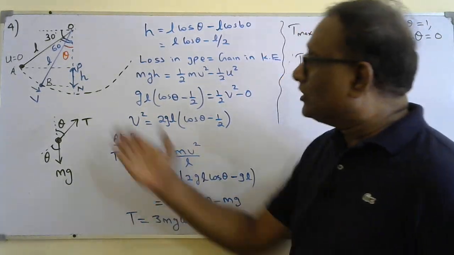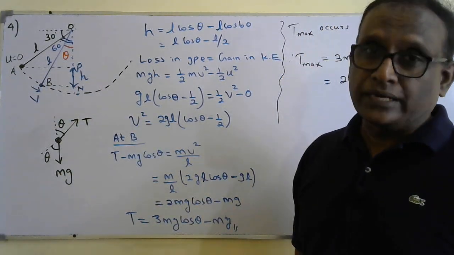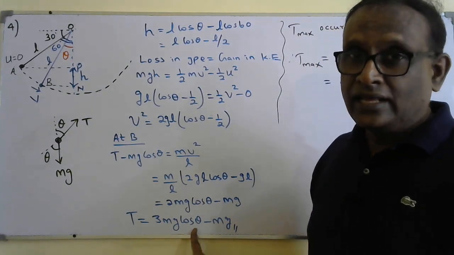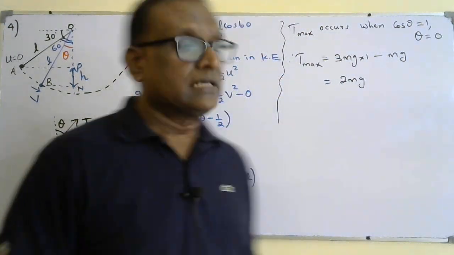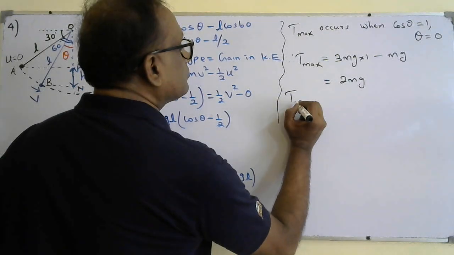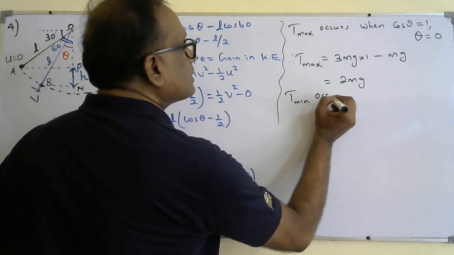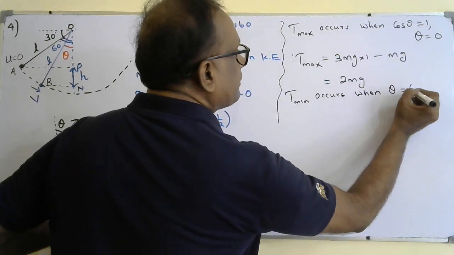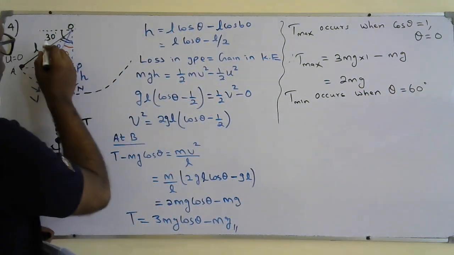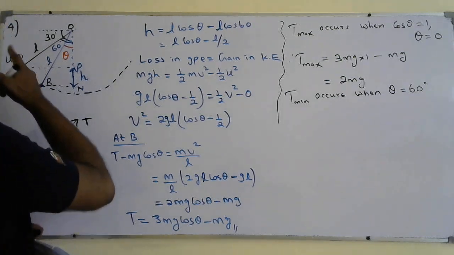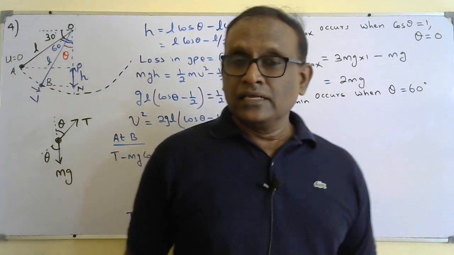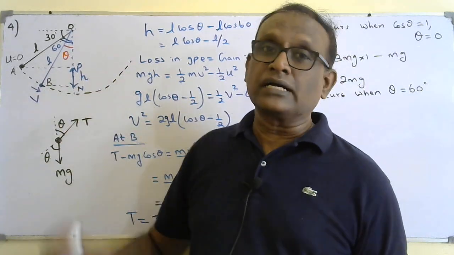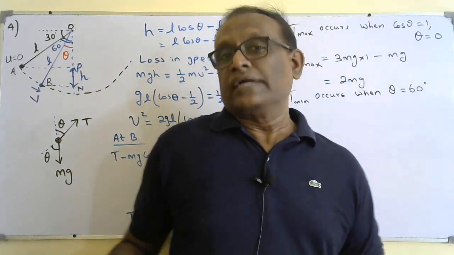That's the value we got initially in the first part. So T minimum occurs when theta is 60 degrees, which we already found in the first part. So T minimum occurs when theta equals 60 because it was released from 60 degrees to the vertical, or 30 degrees to the horizontal. It can't go beyond it; according to the law of conservation of energy, when it comes to that position here also, the kinetic energy will become 0, so it can't go beyond it.